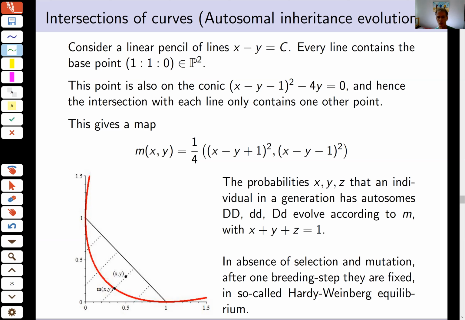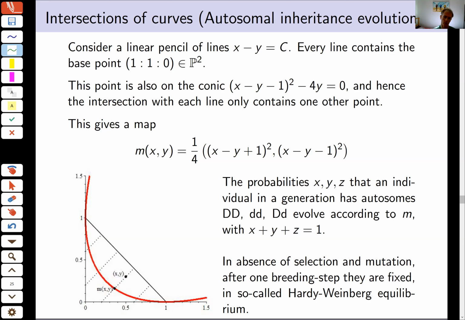So if you know all the probabilities of the parents, you can calculate the probabilities of the children. And this is exactly how these probabilities evolve. So this map is just a map from the probabilities of the parents to the children, and you can iterate that map. And now the surprising thing is that if you iterate that map, you stay where you are. After one breeding step, the probability is fixed, and it's set in so-called Hardy-Weinberg equilibrium.